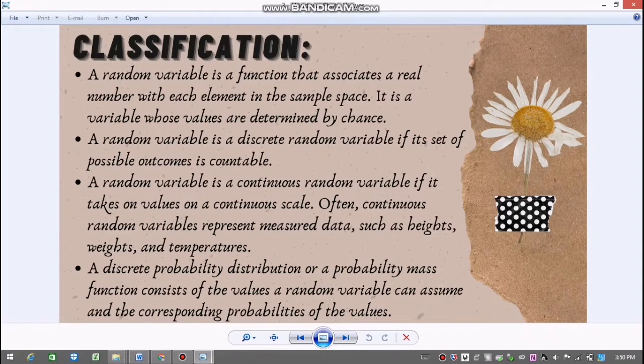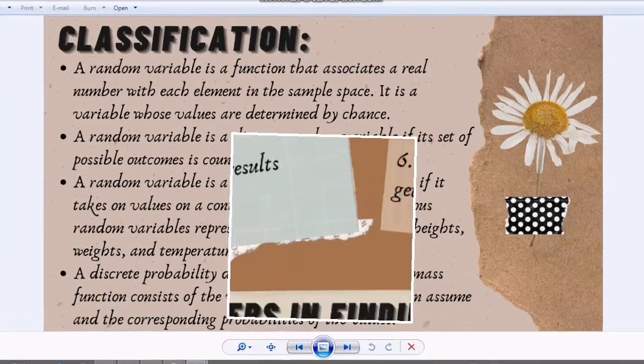Often, continuous random variables represent measured data such as heights, weights, and temperatures. A discrete probability distribution or a probability mass function consists of the values a random variable can assume and the corresponding probabilities of the values.